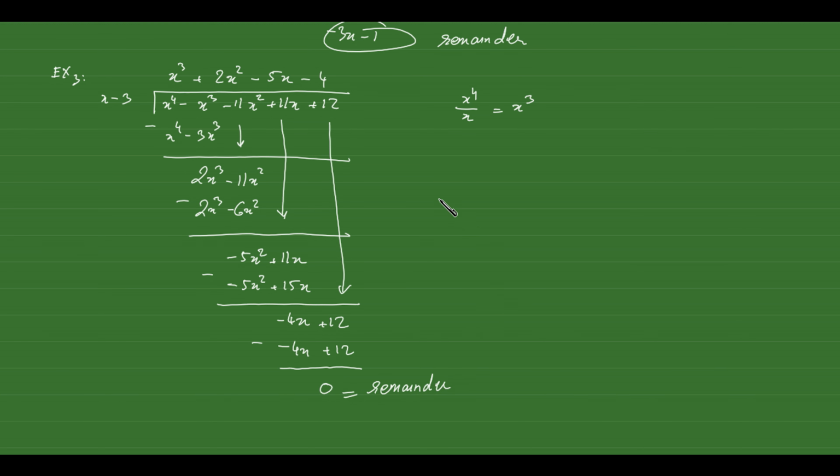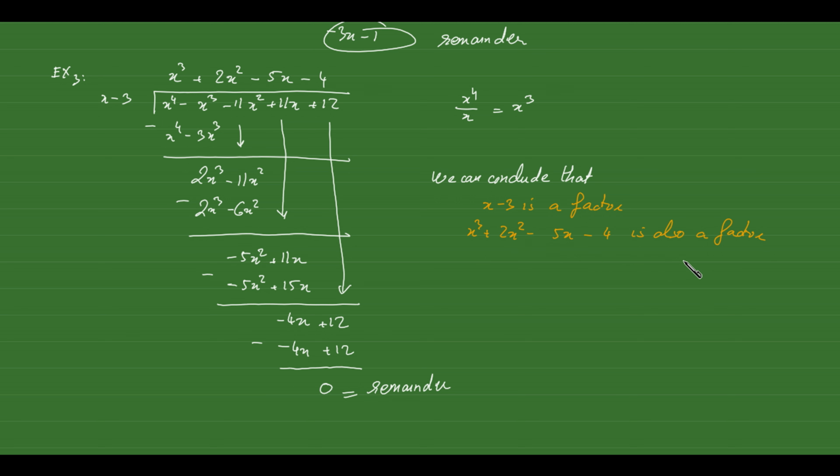So we can conclude that x minus 3 is a factor, as well as x to the third plus 2x squared minus 5x minus 4 is also a factor.